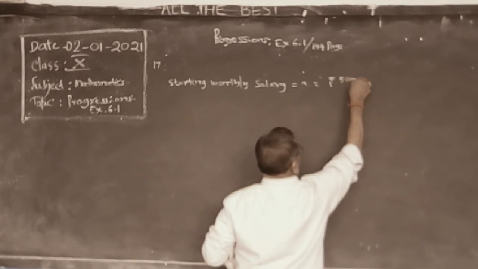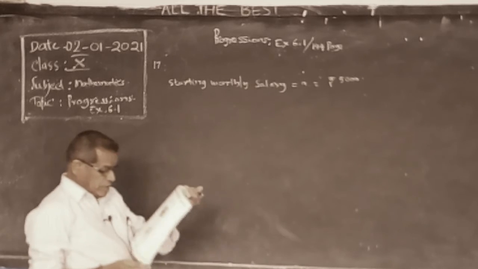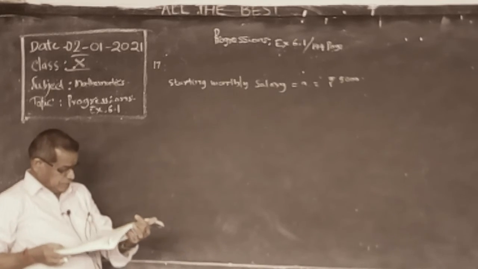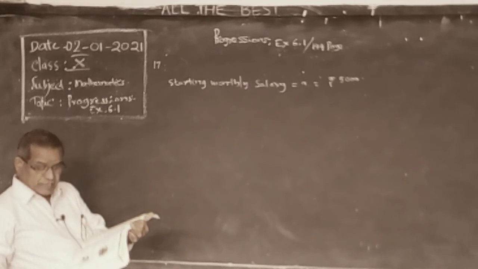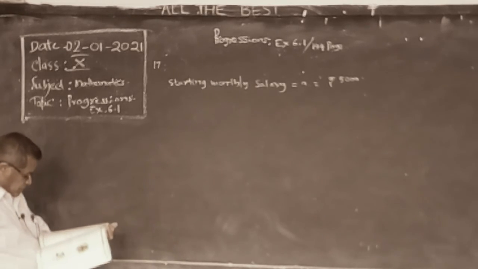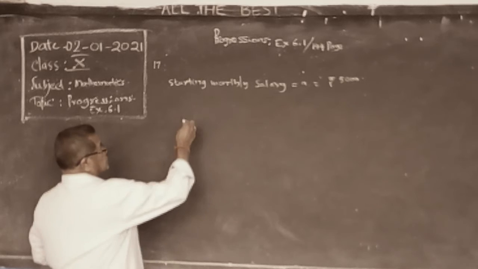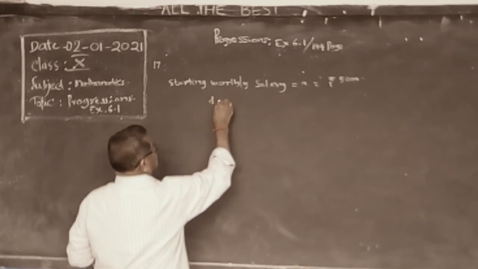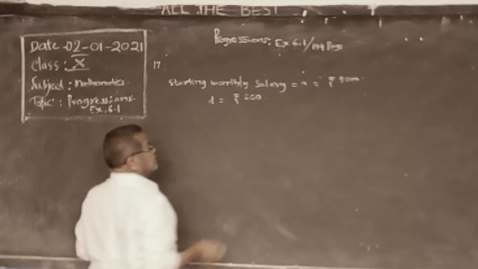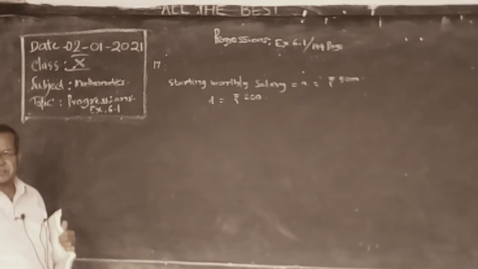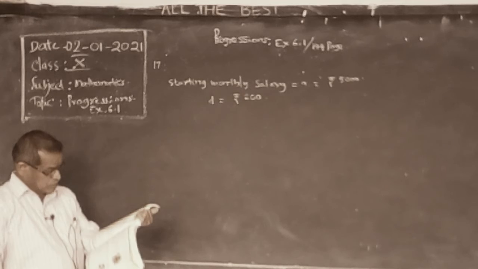Given every year an increment, which means an extra addition: every year you will get an extra 200 rupees. That is the common difference, D is equal to 200. Every year his salary increases by 200.